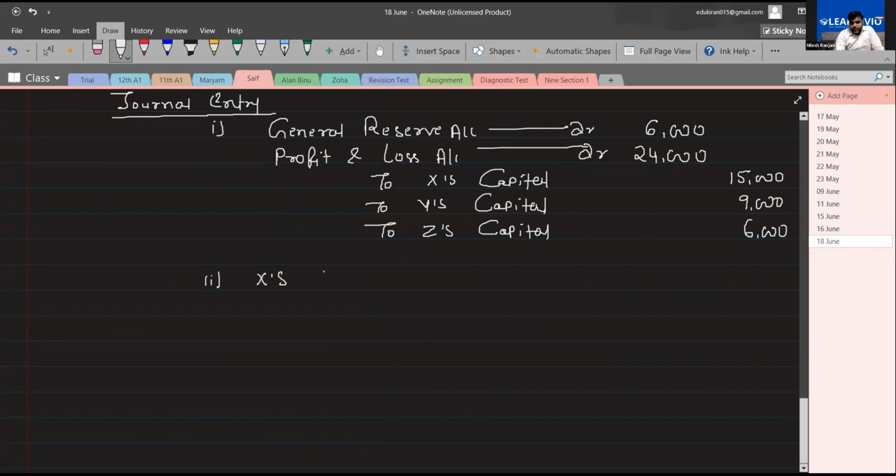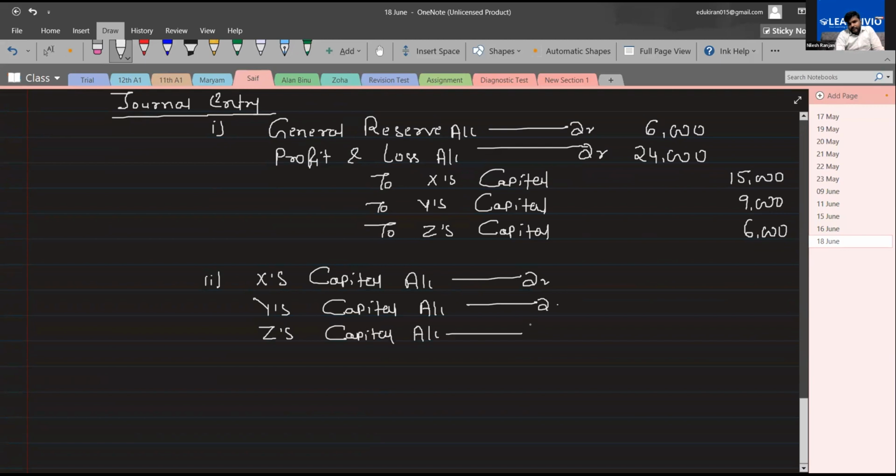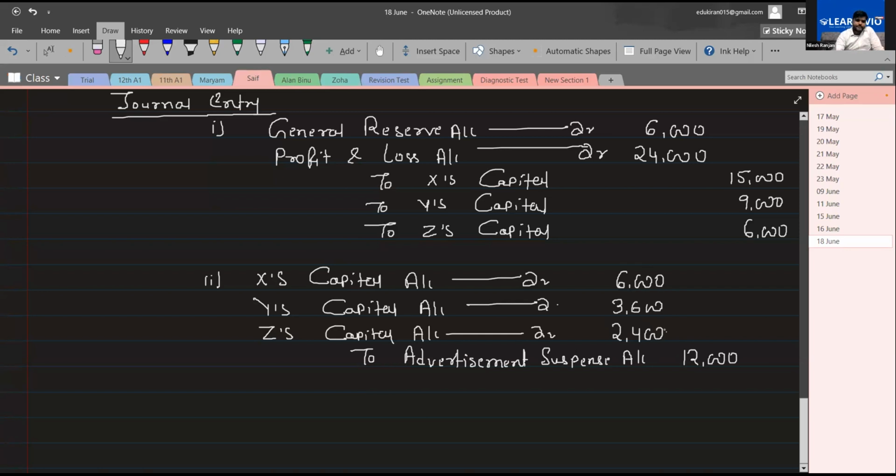X capital account debit, then Y capital account debit, and Z capital, to advertisement suspense 12,000. Then it is 6,000, 3,600, and 2,400.